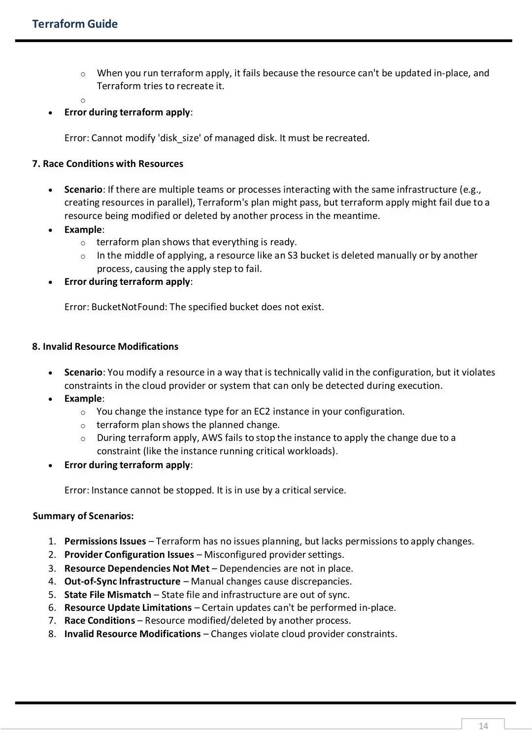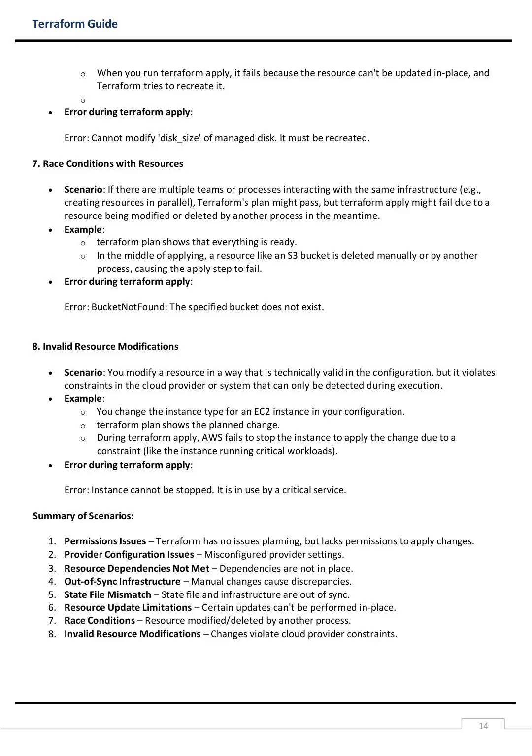7. Race conditions with resources. Scenario: If there are multiple teams or processes interacting with the same infrastructure, for example creating resources in parallel, Terraform's plan might pass, but Terraform apply might fail due to a resource being modified or deleted by another process in the meantime.